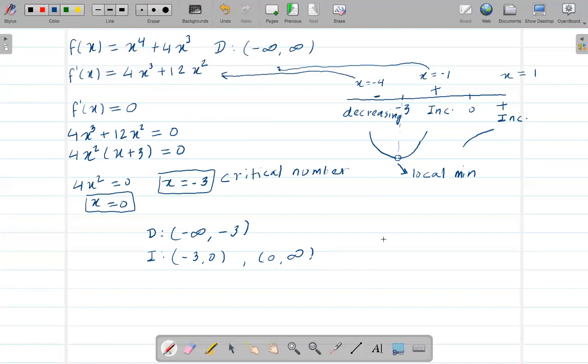Since this is positive and this is positive, please don't write just negative 3 to infinity. You may be thinking, why do we have to separate this into two intervals with two parentheses? Why can't we just write it like this?